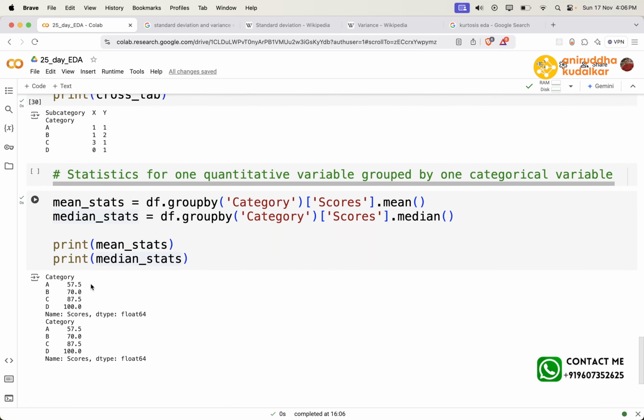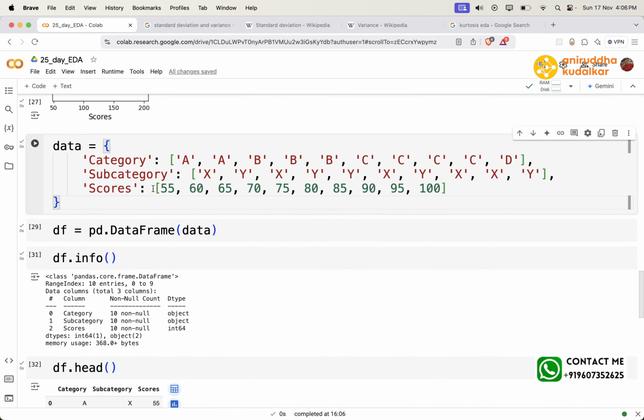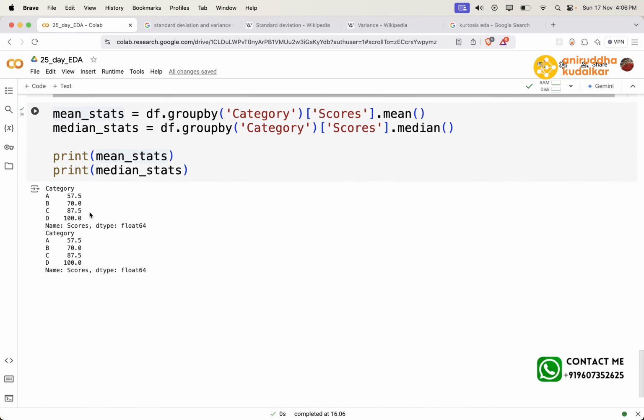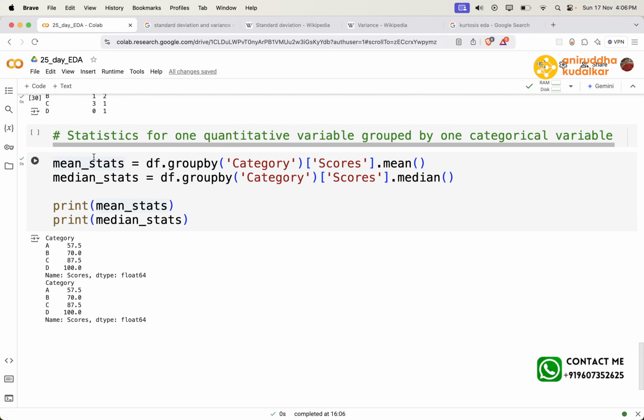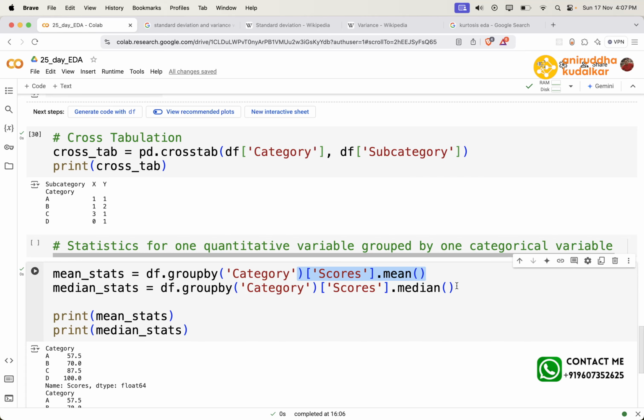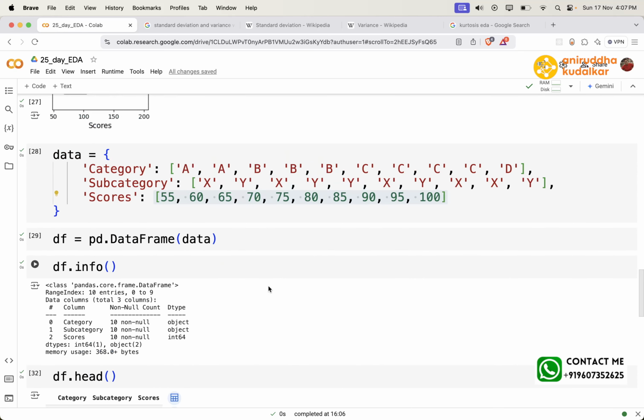There is no outlier. So we came to the conclusion by looking at the values. Mean is the average, median is the mid value. They are overlapping, which means data is normally distributed.